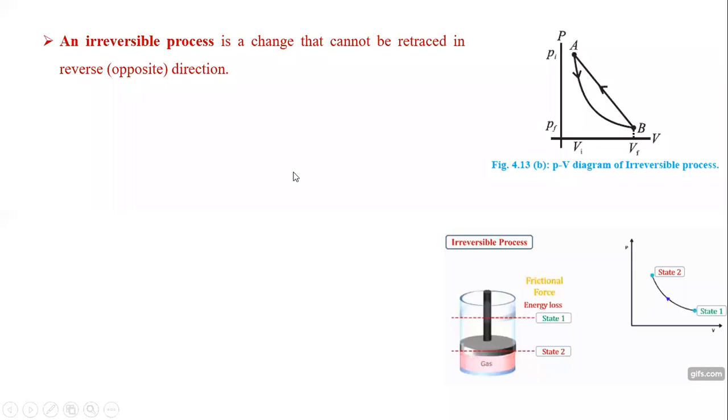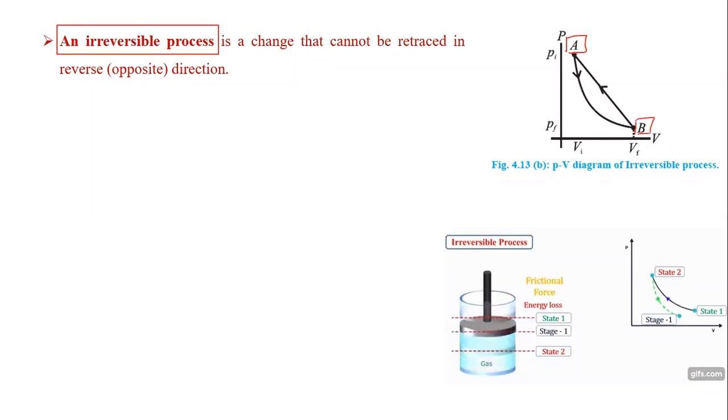Now the irreversible process. An irreversible process is a change that cannot be retraced in the reverse direction. Means they can come to the initial position but by a different path. Let me tell you a simple example. Here you can see the diagram. This is the initial position and this is the final position.